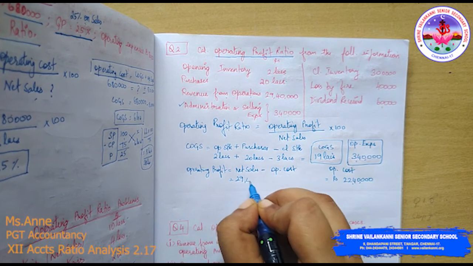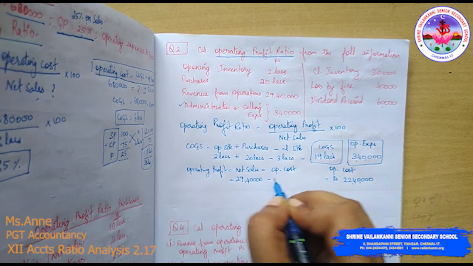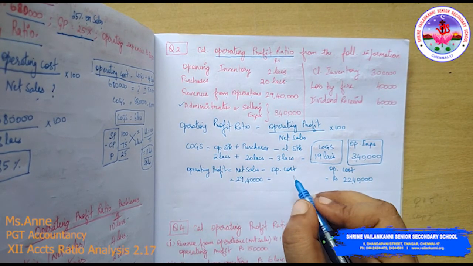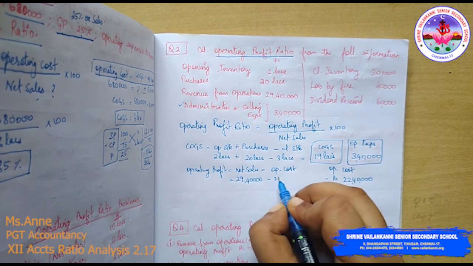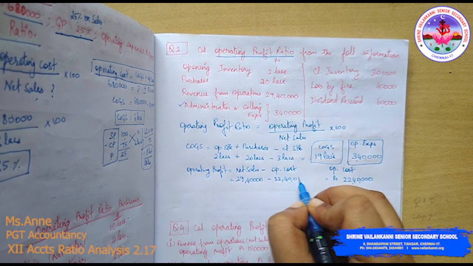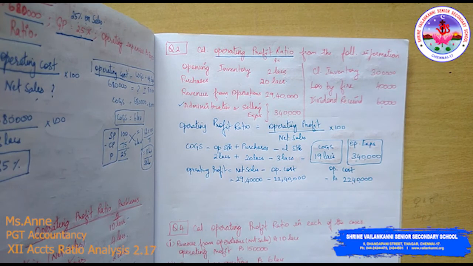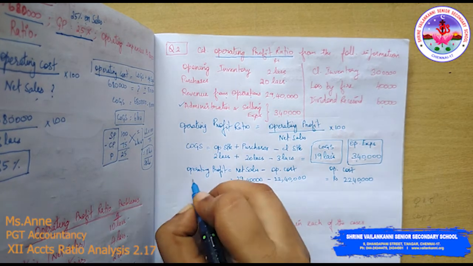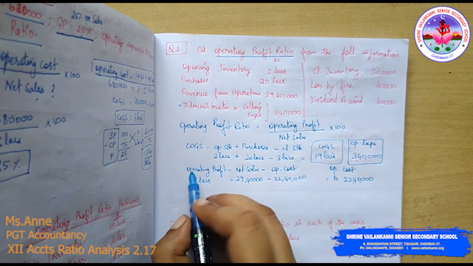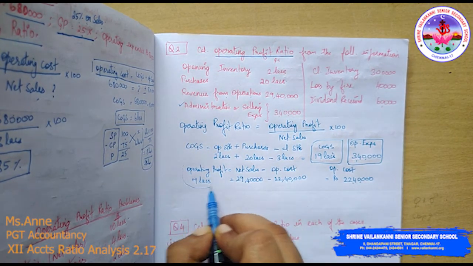So 29,40,000 minus operating cost. What is operating cost? Just now we found 22,40,000. So 29,40,000 minus 22,40,000, 7 lakhs will be your operating profit.